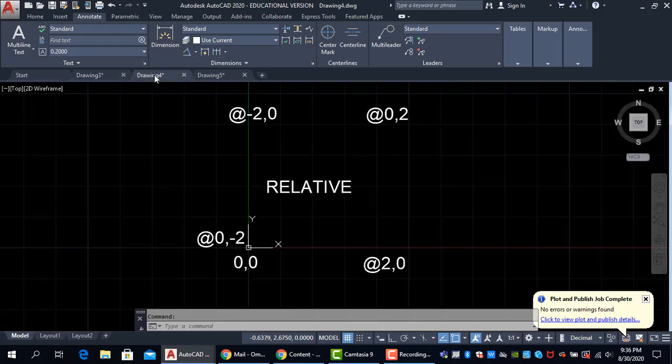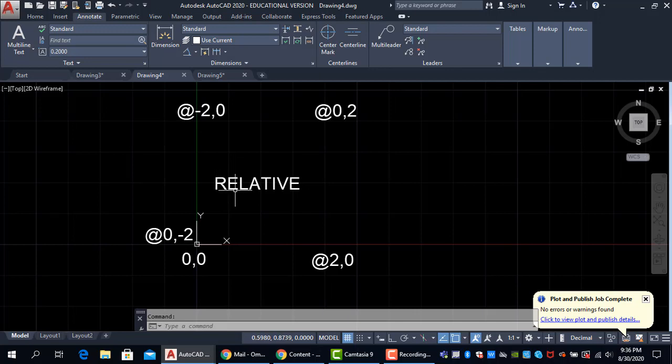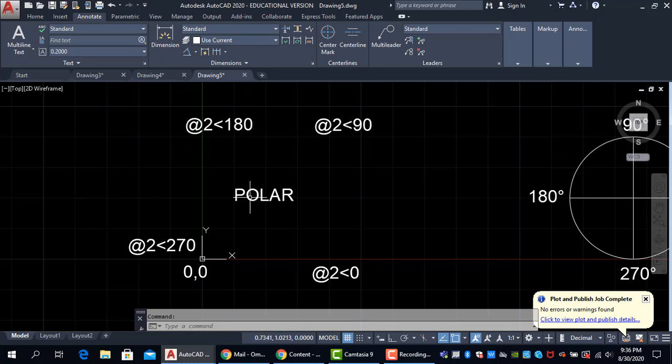With the relative, as we put in points, the coordinate system is going to reference back to the previous point. And for the polar, it's going to find the distance and the angle. So let's do it so you can see how it works.